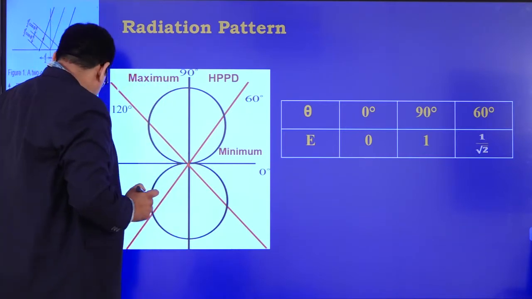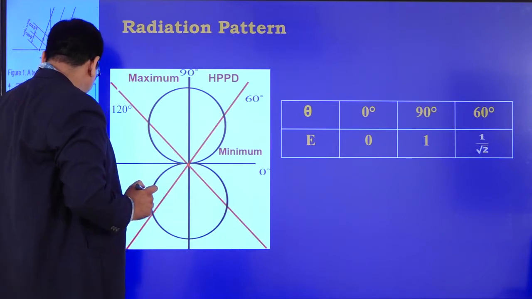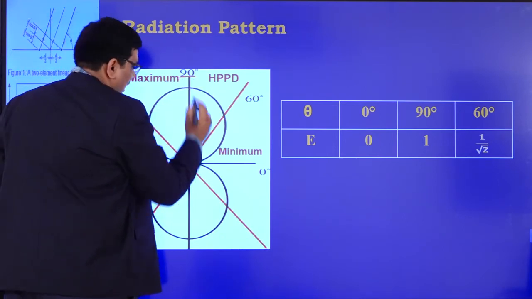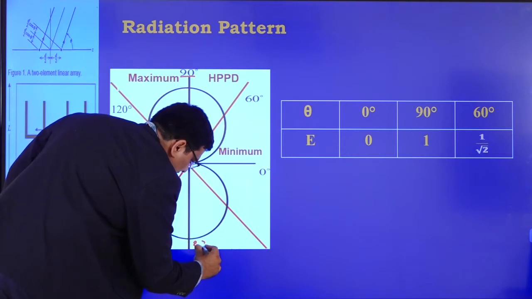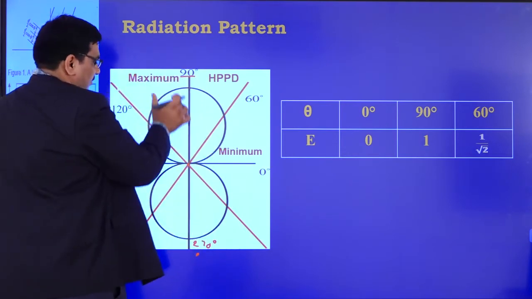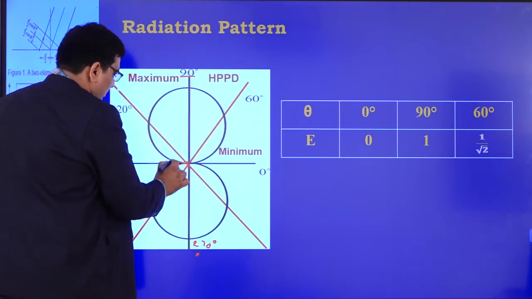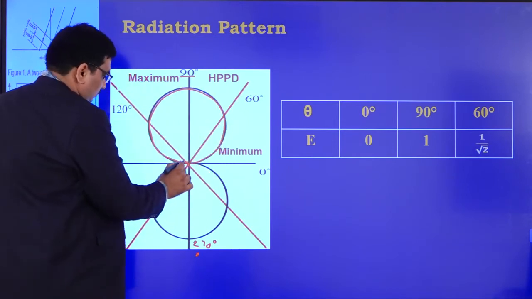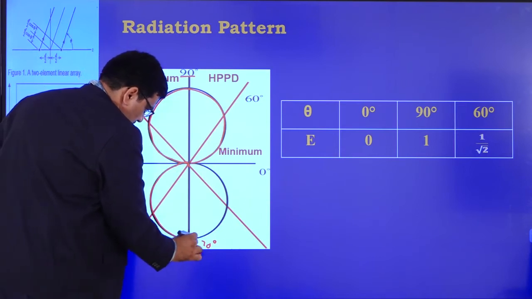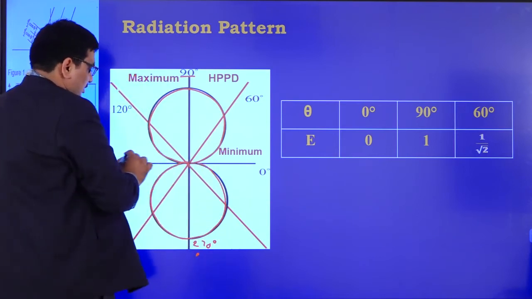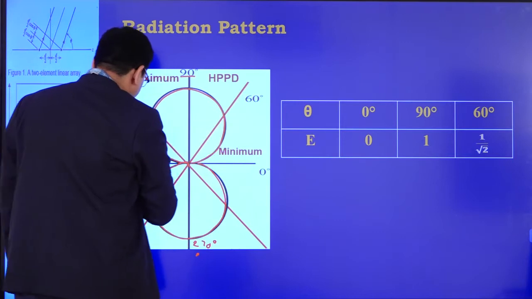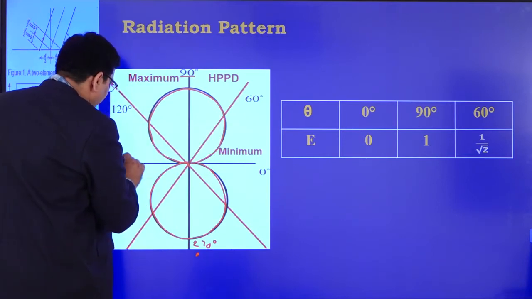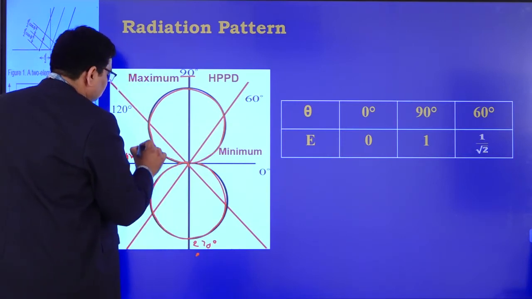This is the direction of your maxima, at 90 degrees and minus 90 degrees or 270 degrees we are getting the maxima. And in this direction, that is in the x direction at 0 degrees or 180 degrees, you are getting the minima.